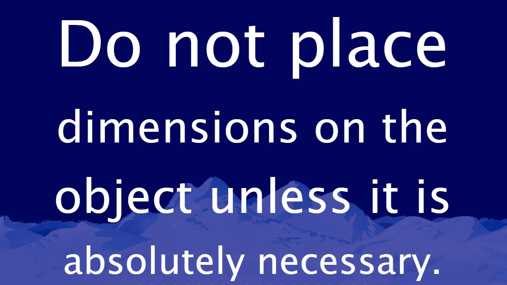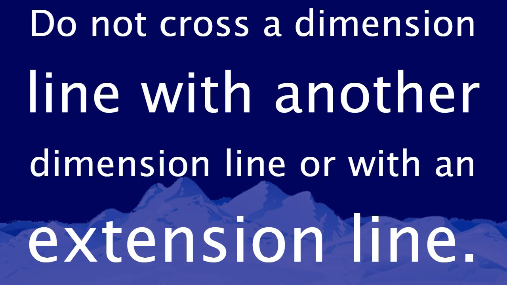Because so far I haven't run into an instance where it was necessary for you to place the measurement on top of the part. Use section views and detail views if you feel like you have to do something like this. Don't try to avoid crossing things, crossing the lines.